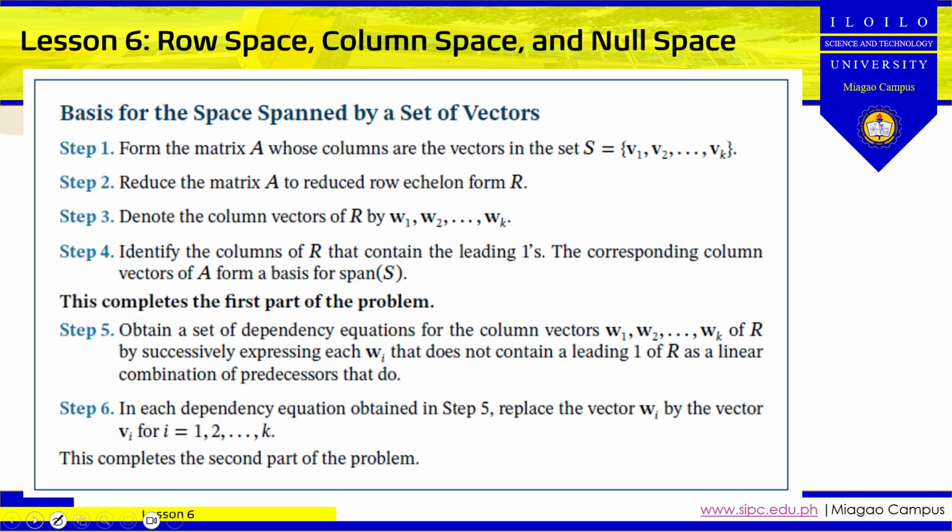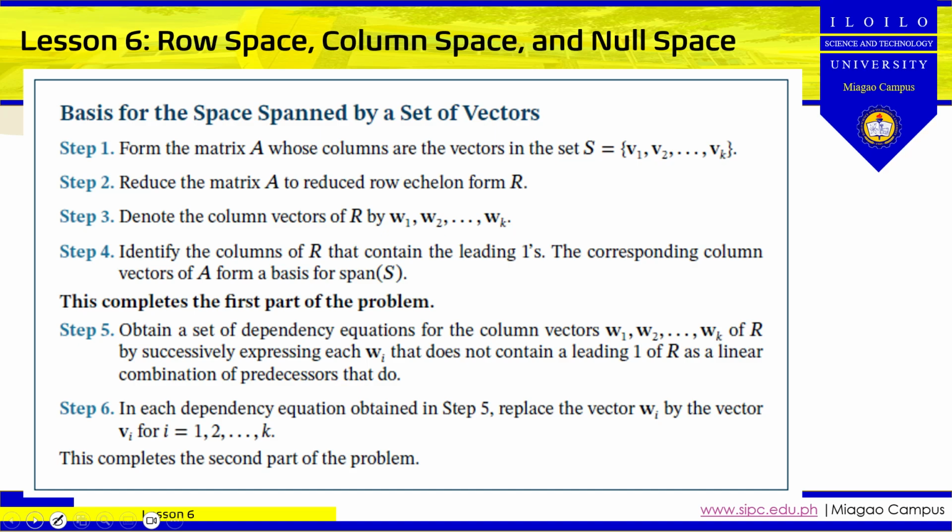Step 2: reduce the matrix A to reduced row echelon form R. Step 3: denote the column vectors of R by w sub 1, w sub 2 to w sub k. Step 4: identify the columns of R that contain the leading ones. The corresponding column vectors of A form a basis for span S. This completes the first part of the problem.